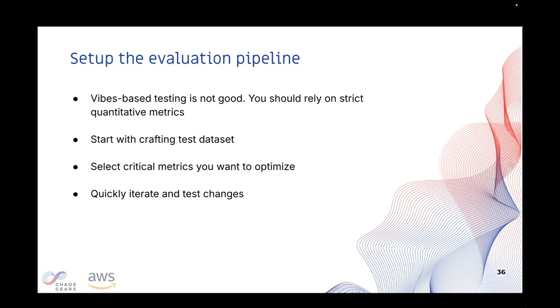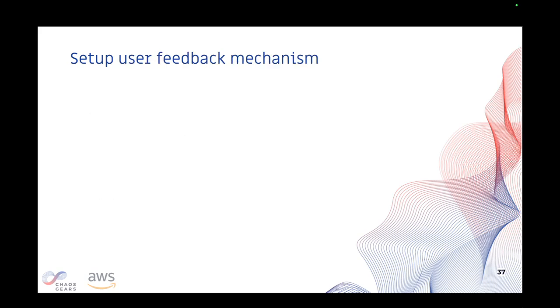And make sure the evaluation pipeline is easy to use for your developers. This way you can quickly iterate and test your changes before deploying to production or staging environments, and letting test users know that something doesn't work as it should.